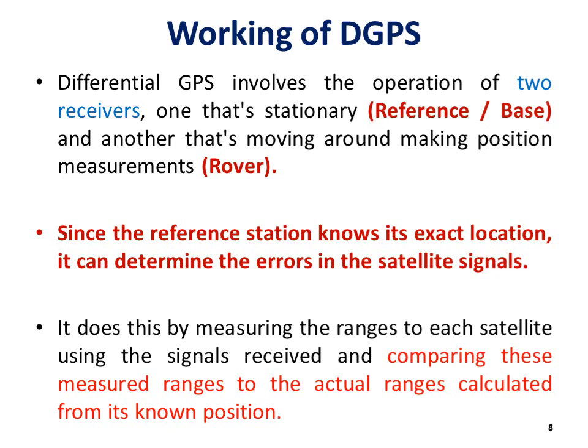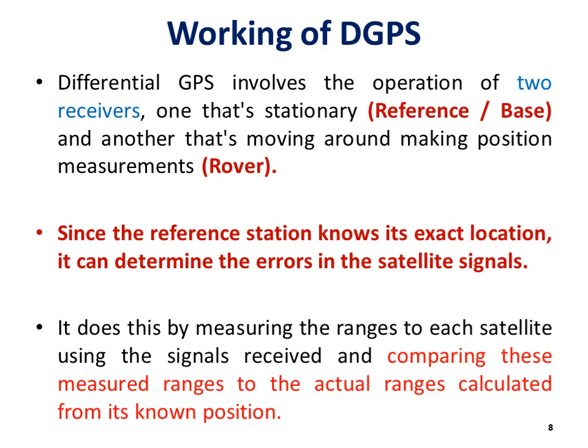It knows the exact location, like we know the position where the base receiver is kept, the exact location, x and y is known to you. So if the satellite is giving a different value, you can estimate what the error is, and that error can be used as a correction for other receivers.